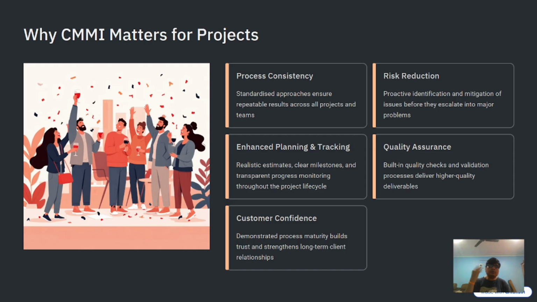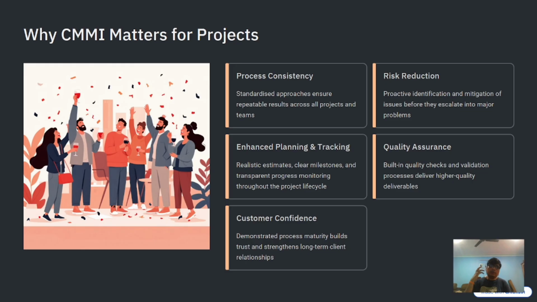Increase the chances of success in the project. Risk reduction. If initially we are analyzing the risks, then definitely it will avoid more risks coming in the future. That's the proactive identification and mitigation of issues. We are bringing up this risk reduction initially into the project. Otherwise, what will happen?